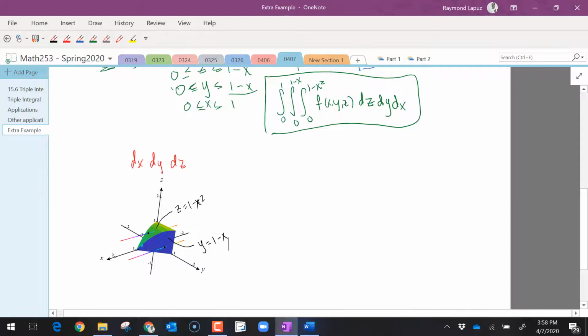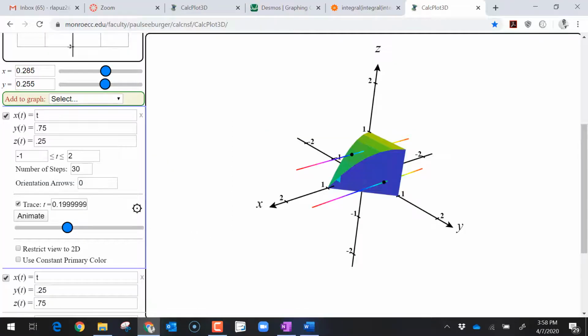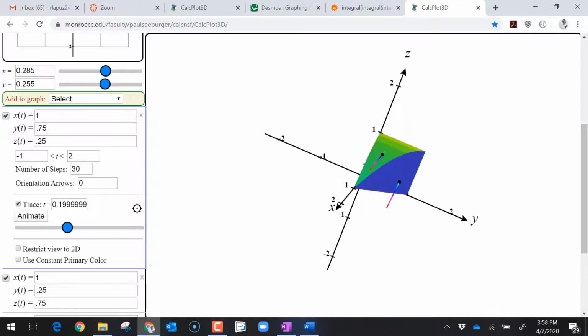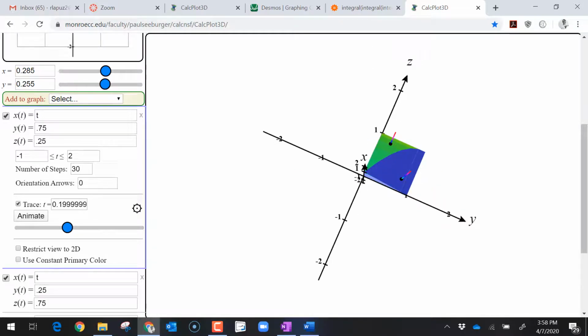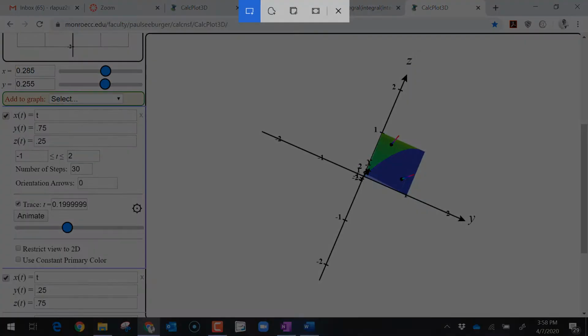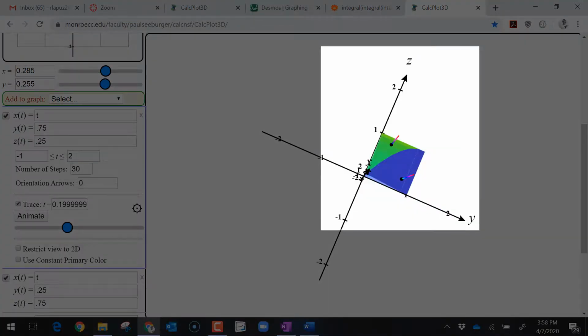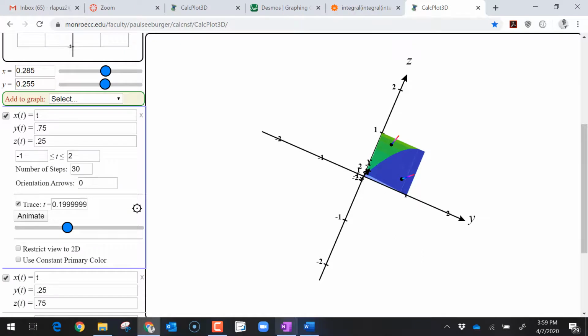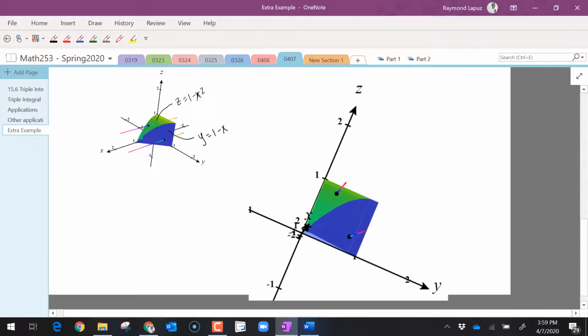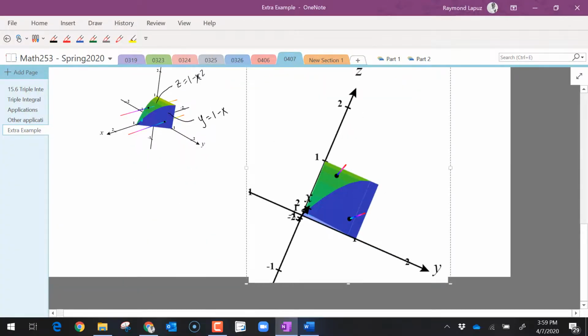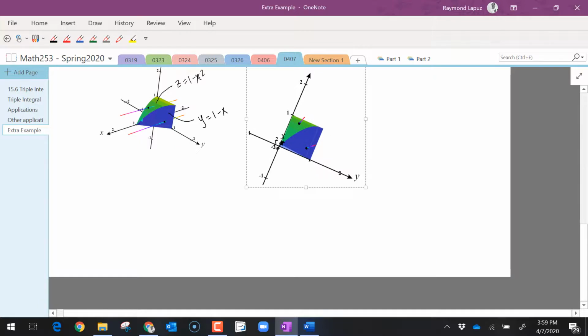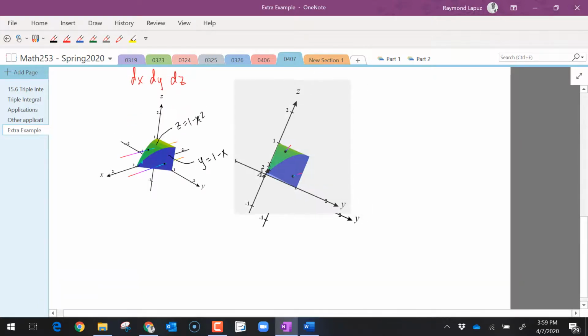Okay, not only that, if we look at that graph again and look at the yz part, there we go. That's good enough. Looking at the yz part, when we figure out the limits for x, we need to figure out the limits for y.